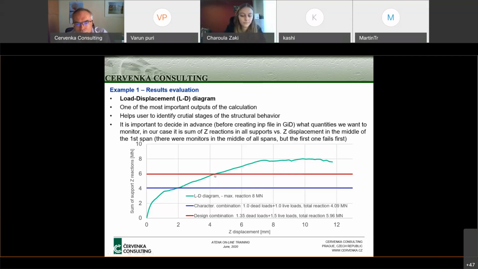And after that, we should keep increasing the overall design combination. That means this whole design combination, which in this case is, let's say, relatively simple. That's why I selected this example. This is 1.35 times the permanent loads plus 1.5 times the live loads, until we reach the failure.